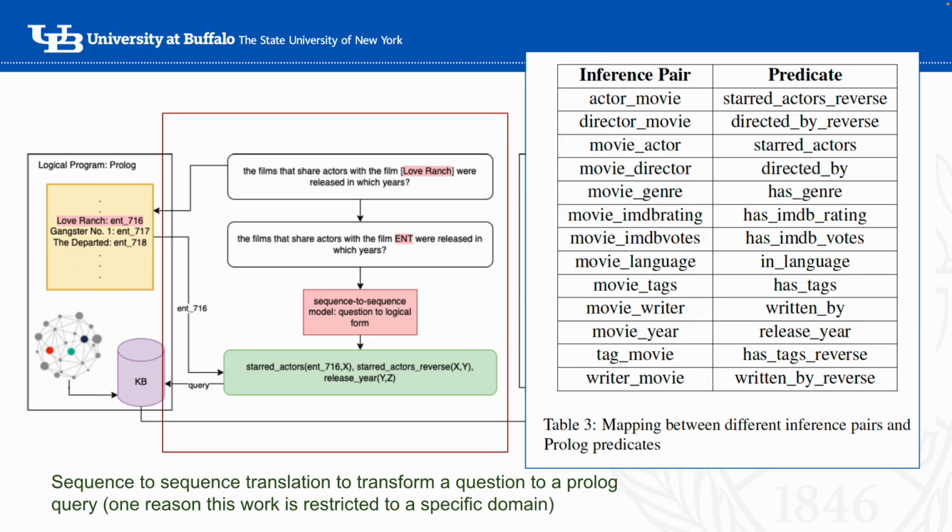We also restrict this work to a specific domain because we need to translate each of the edges to one predicate, which also preserves the natural language characteristics of that edge. That's why we only work on a specific domain in this work.